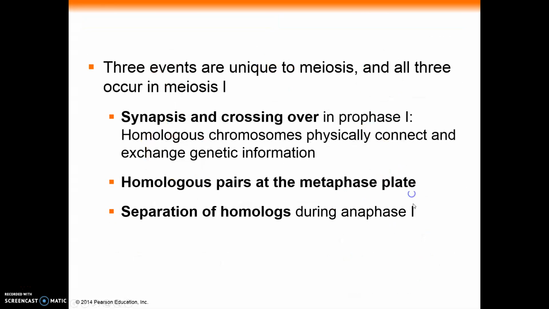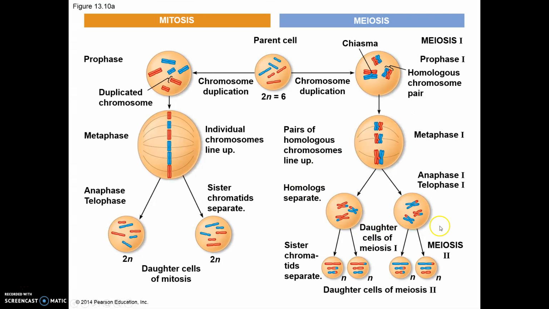Here we will split and have two 2N cells, but then we will immediately split them again, producing 4 1N cells. And notice that each one of these not only has half the amount of DNA, but they are also genetically distinct.